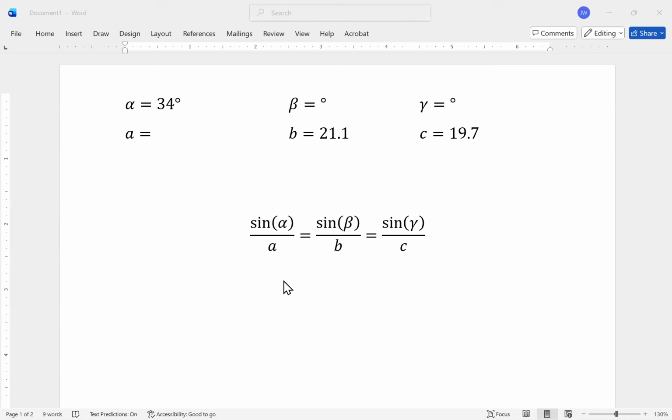And I can't use law of sines to solve because I'm never given a full ratio. I have the sine of alpha, but I don't have A. I don't have beta, but I do have B. I don't have gamma, but I do have C. So I'm given one component in each of these ratios, and therefore I can never solve because I'm never given two components in a ratio.